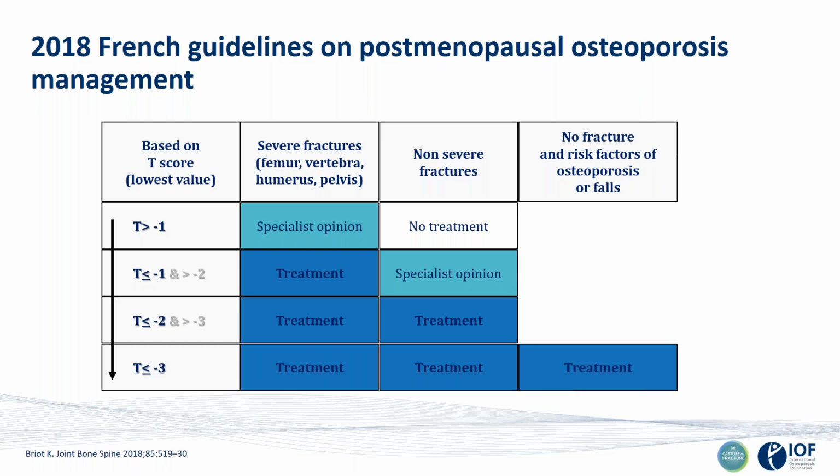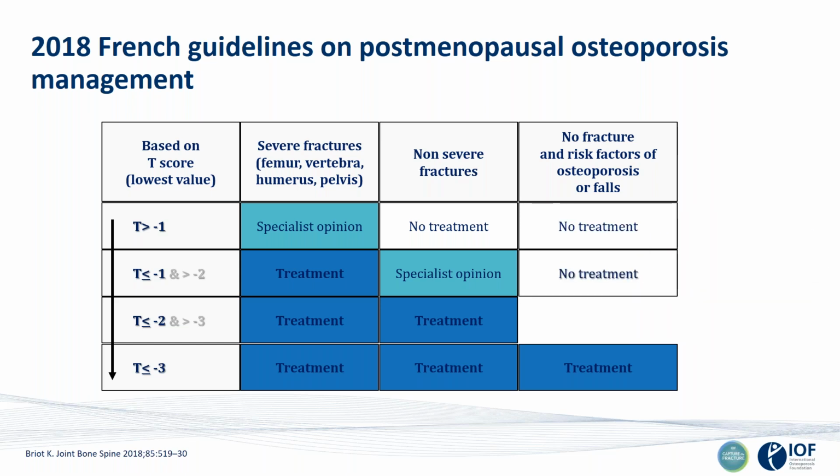And if a patient has no previous fracture, but has risk factors for osteoporosis, and indeed has a low BMD, then if the BMD is below -3, the patient needs to be treated.